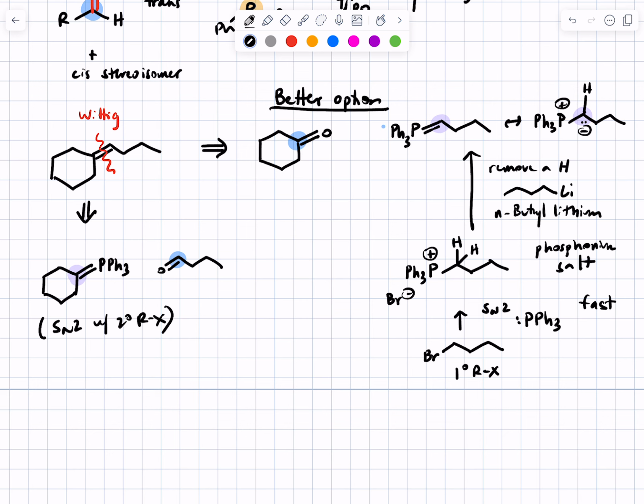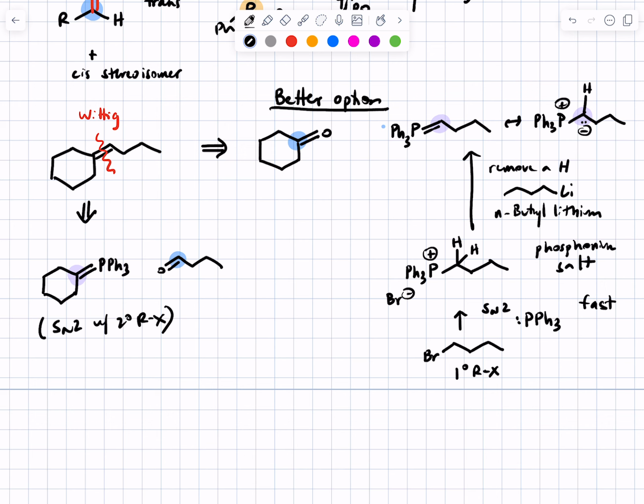So the moral of the story is, if you have a choice with the Wittig reaction, you should choose the side that's less substituted to make the Wittig reagent, so that the SN2 reaction you use to make it will be faster and more efficient.